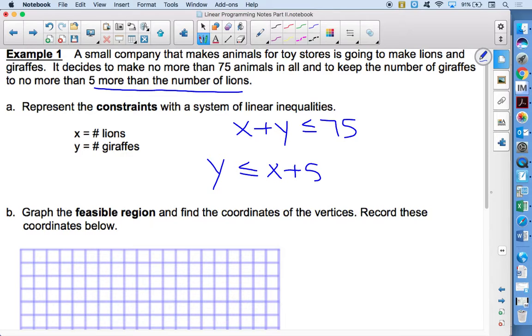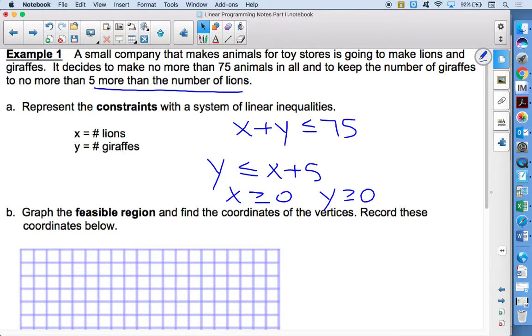Any others? Well, x has to be greater than 0, and so is y. It's allowed to equal 0, because we could choose not to make one or the other. But you can't make zero giraffes, because you have to be 5 more.